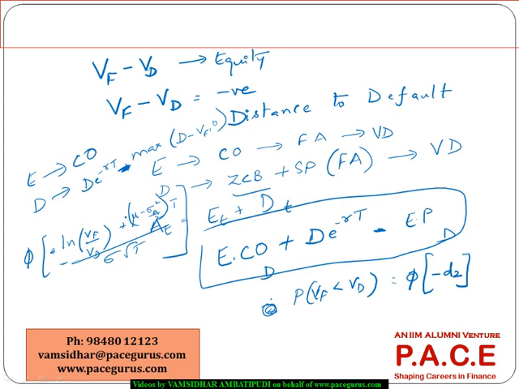It's a straightforward formula itself, which is resulting in the probability of default. Now, using the same approach, right?